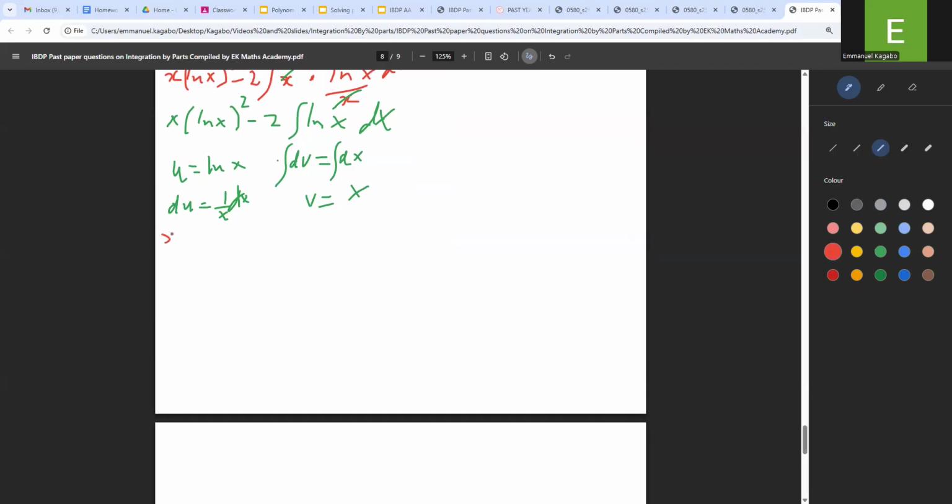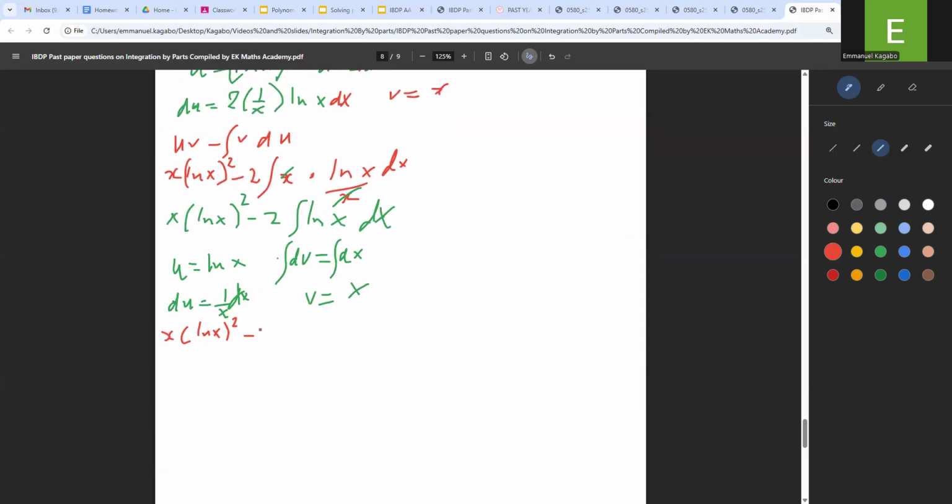Now what do I have here? I still have x bracket ln x squared altogether here, minus 2 bracket, v is going to be x ln x. Okay, that is uv.